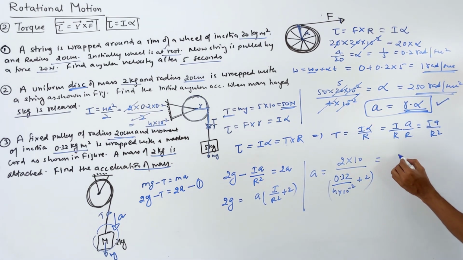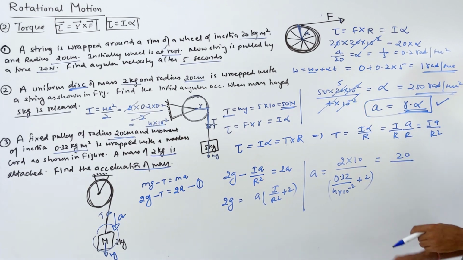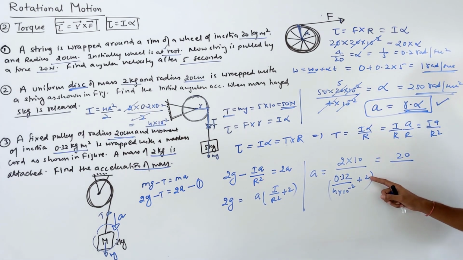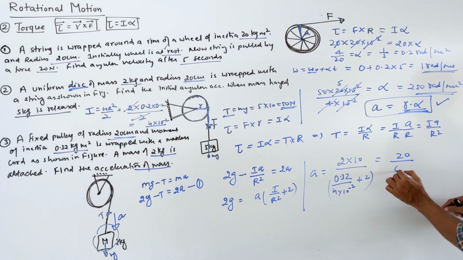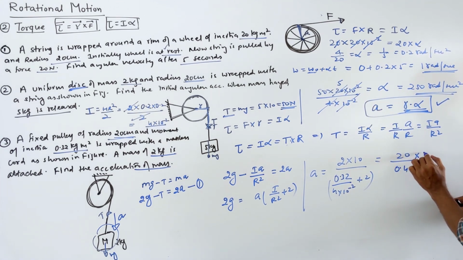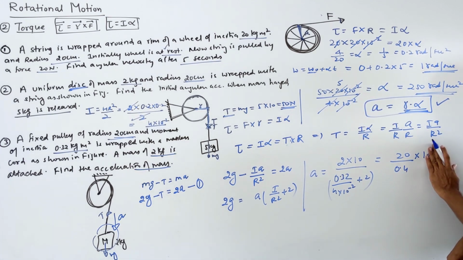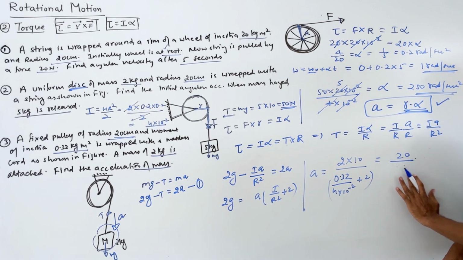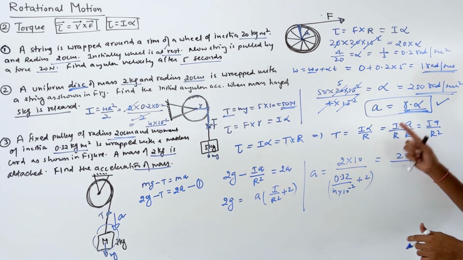Okay, so it becomes too long. So this becomes 0.08, which becomes actually 0.4, and 10 power minus 2 will go up, 10 power plus 2. My calculation is coming a little wrong, I feel. No, minus will go up, correct only.